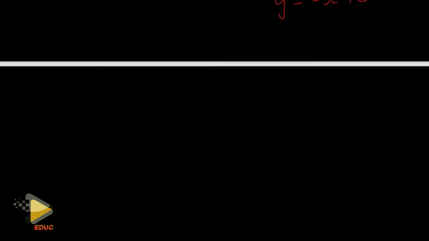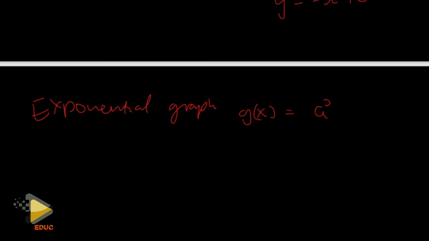And then lastly, we have what we call an exponential graph. Okay, exponential graph. So the general form, I'll use g of x is equal to a to the x plus q. So still this q represents an asymptote. Okay, that's an asymptote.